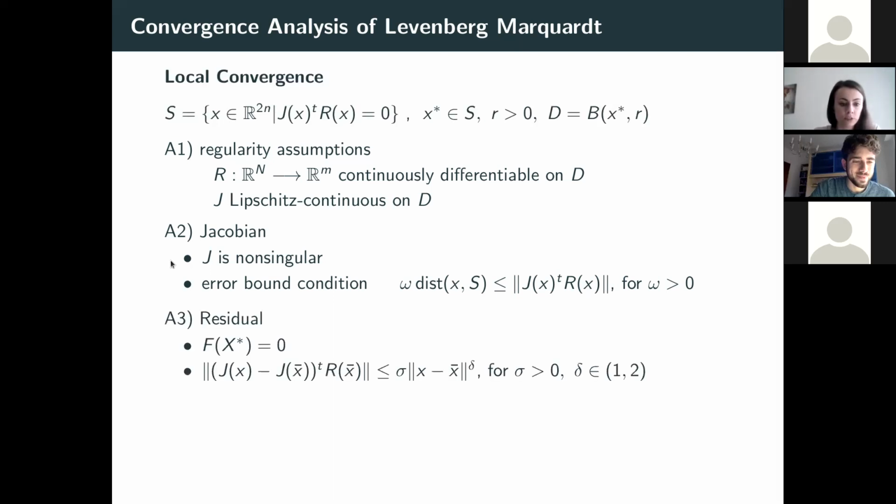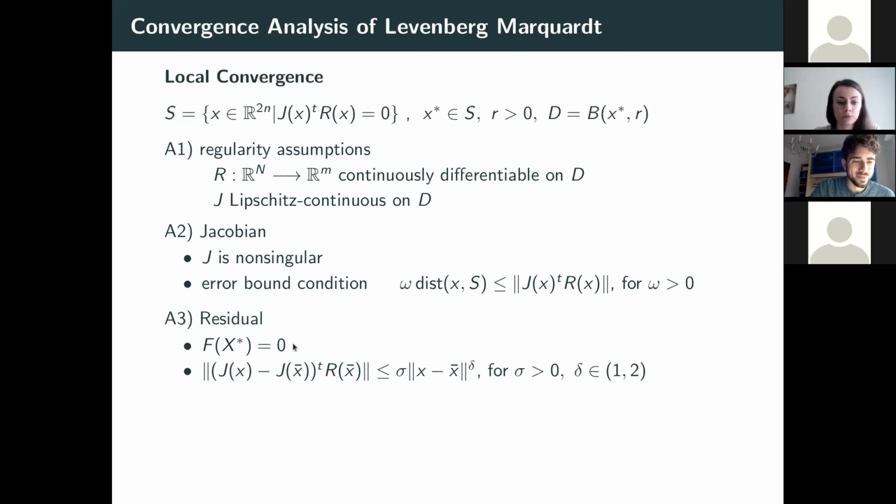The other thing that we need to decide is if the residual at the solution of our problem is equal to 0. If it is, then we do not need anything else, because in that case taking J transpose J is a good approximation of the Hessian near the solution.